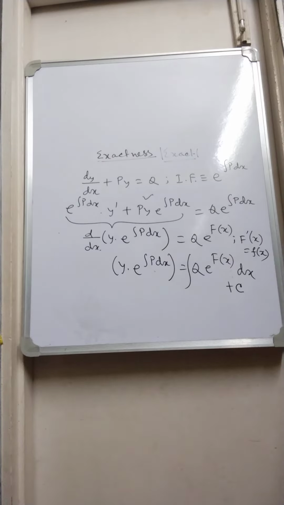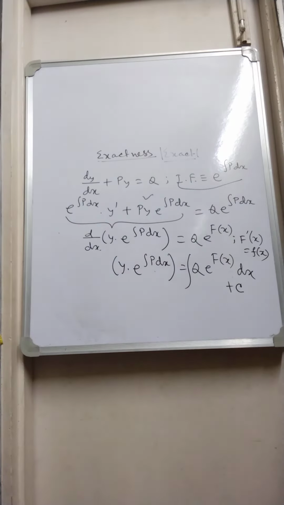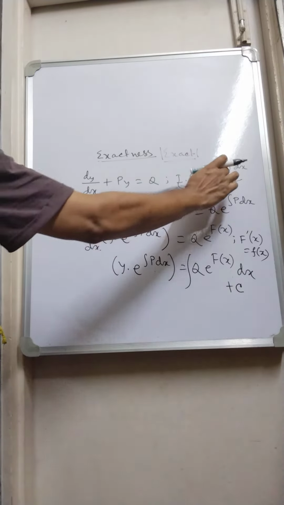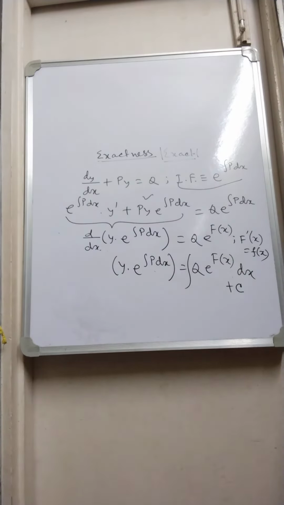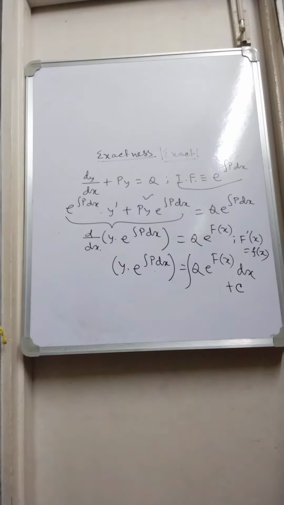It is very interesting to note that whenever we find the integrating factor, we ignore the constant of integration. Why? Because we are multiplying both sides of the equation with this e to the power integral p dx, which we have assumed is nothing but e to the power F(x).